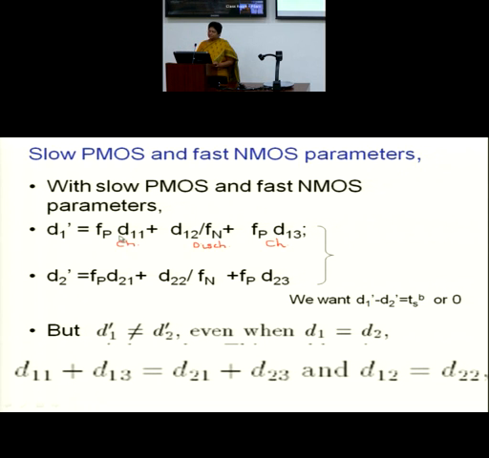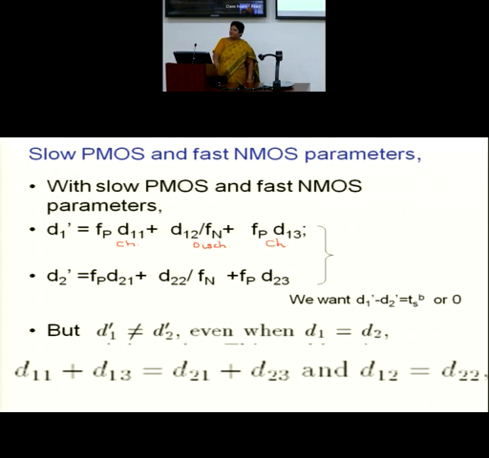So the two pull-ups must be equal to the two pull-ups, and this pull-down must be equal to this pull-down. In the case of process variations, these two should be the same as the nominal ones, and this must be the same as the nominal pull-down. Then you can ensure that even under process variations, the skew constraint will be met.